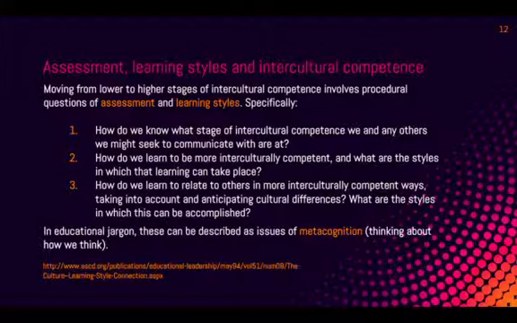We also need to figure out how we can learn to be more interculturally competent, and what styles that learning can take. And finally, we need to learn how to relate to others in more culturally competent ways: how we do this, taking into account and anticipating cultural differences, and thinking at the same time about the styles in which this can be accomplished. As noted at the start, these are issues of metacognition.